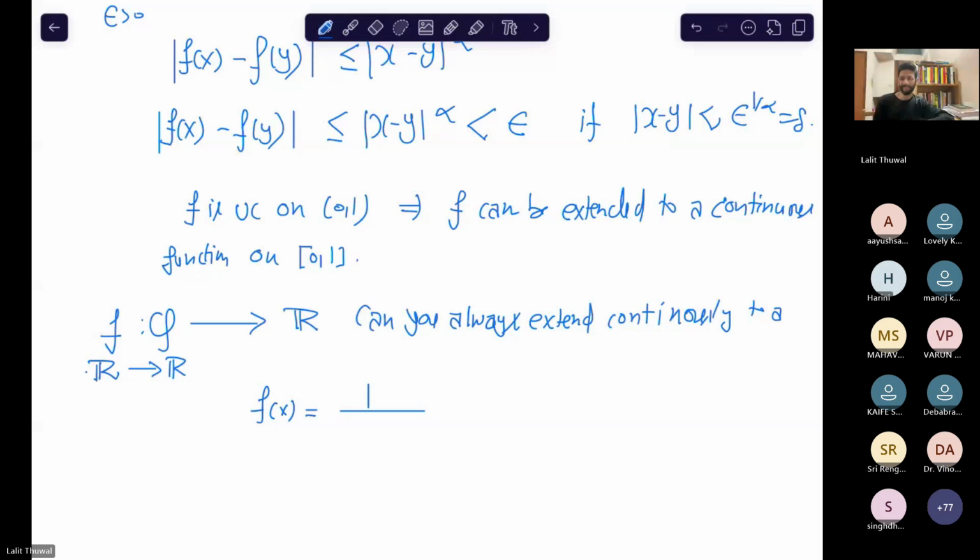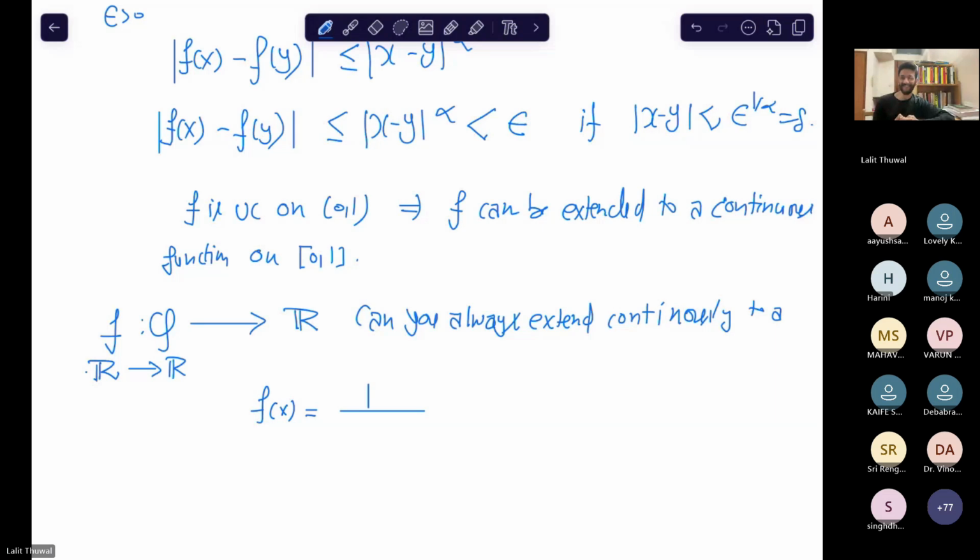Anyone? Oh, by the way, I have given you the hint, right? How can you define a function? Let me know. You should answer this question, right?